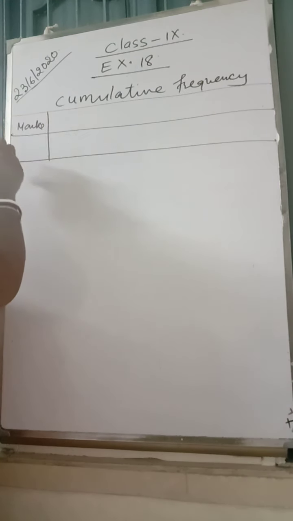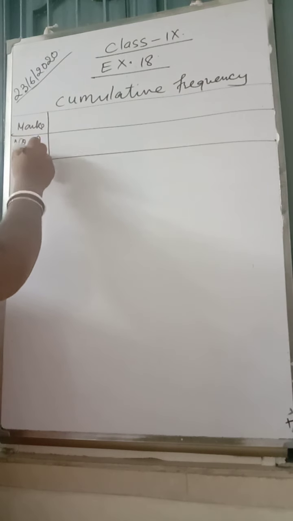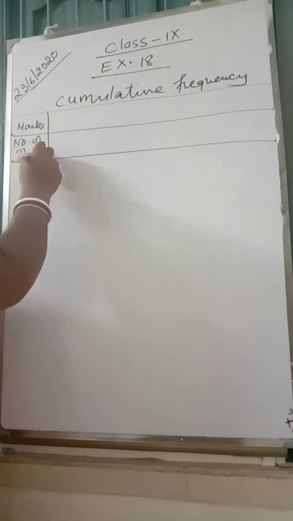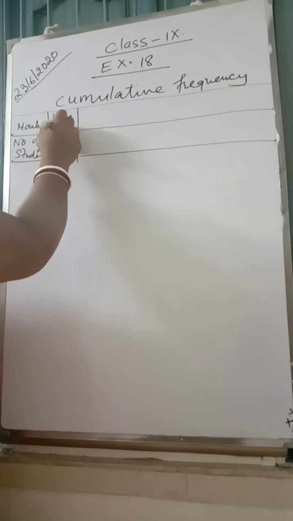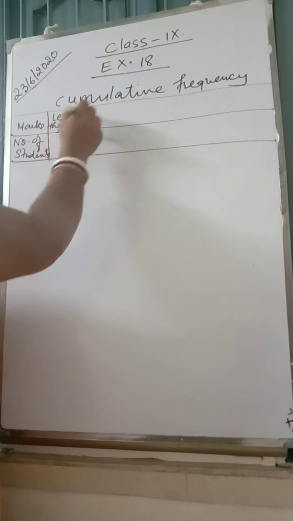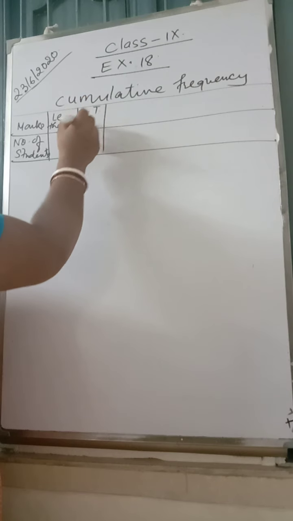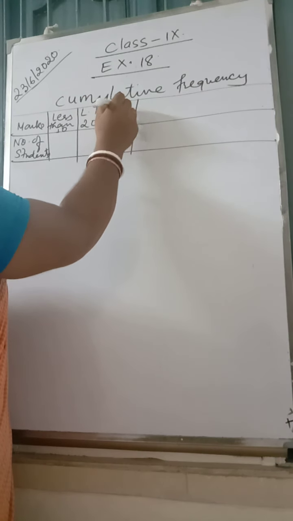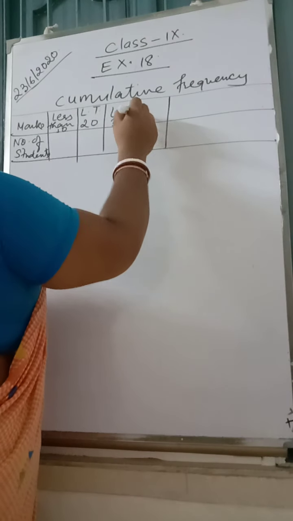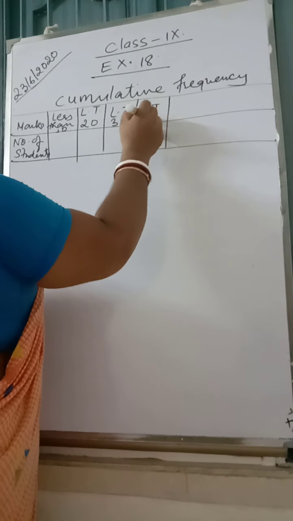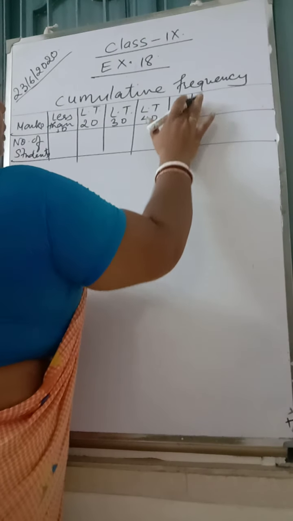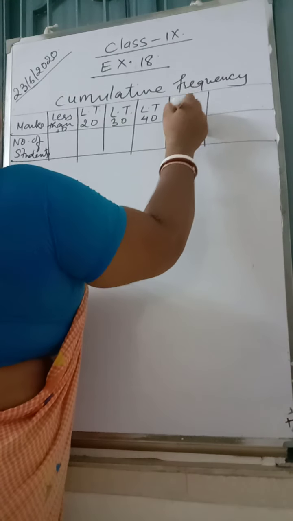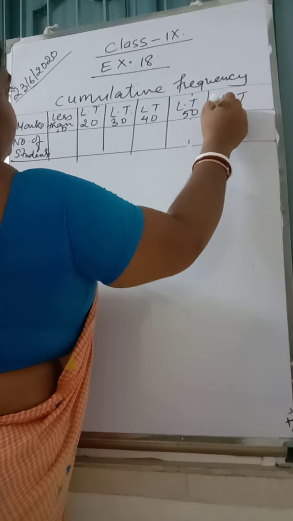Marks, number of students. This is less than 10, less than 20, less than 30, less than 40, less than 50 and less than 60.